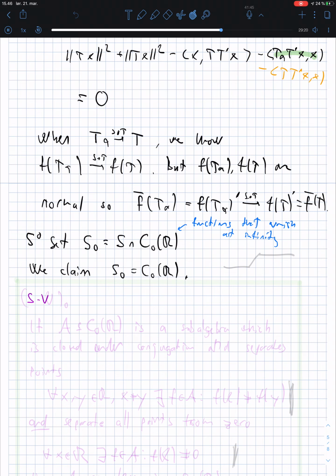So Stone-Weierstrass, in the case where we have functions vanishing at infinity, looks like this.